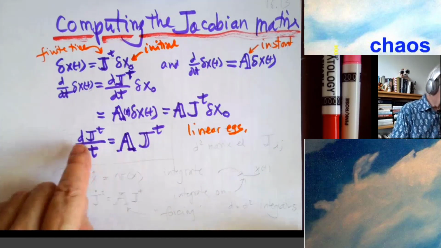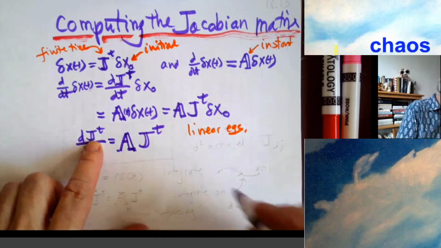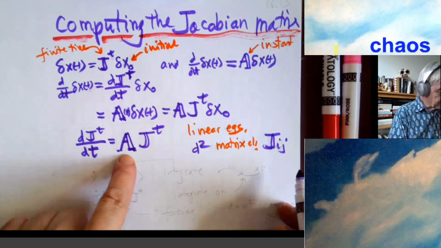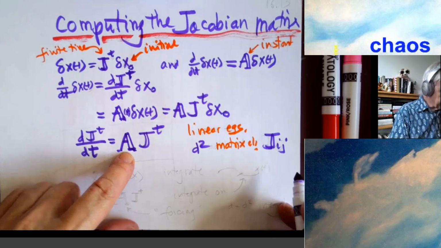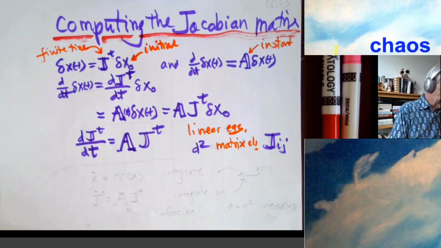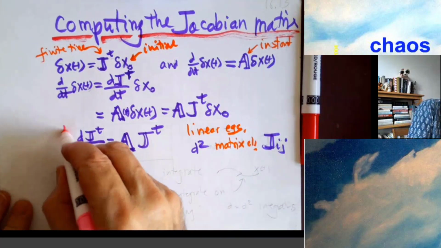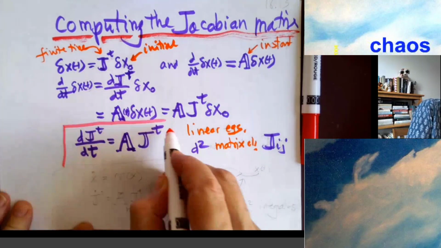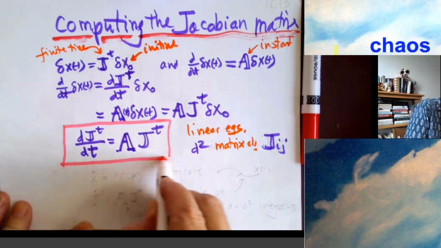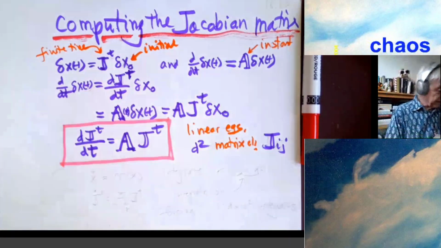But this is a linear equation in J. And these are matrices. So what I have to do is keep track of d squared matrix elements, and they're controlled by a matrix of coefficients which you know at every instant. So how do you find the Jacobian, the finite time deformation of the neighborhood, if you only know the matrix of velocity gradients?